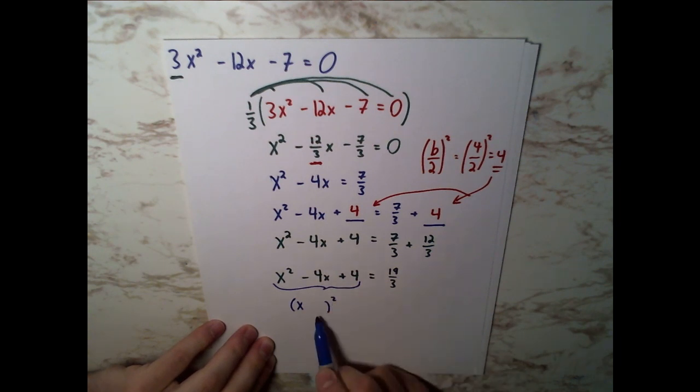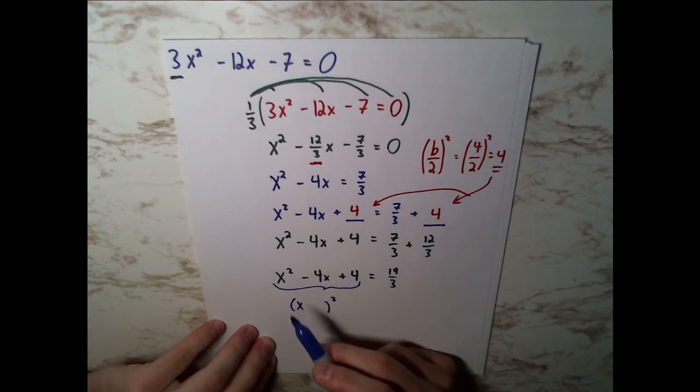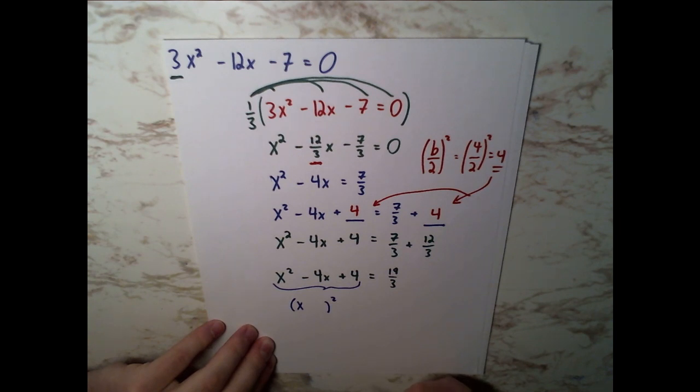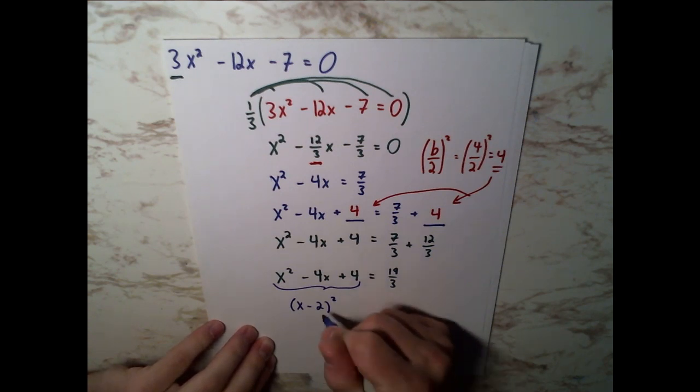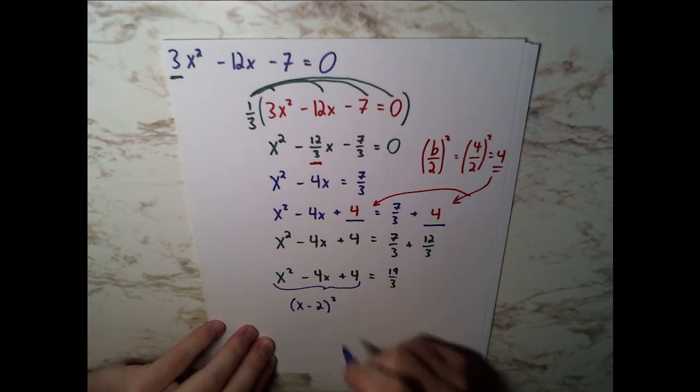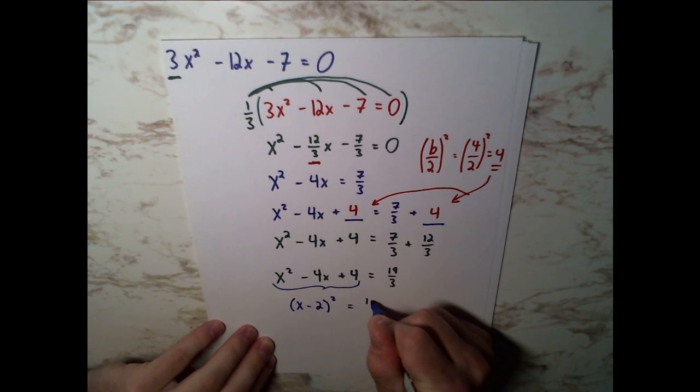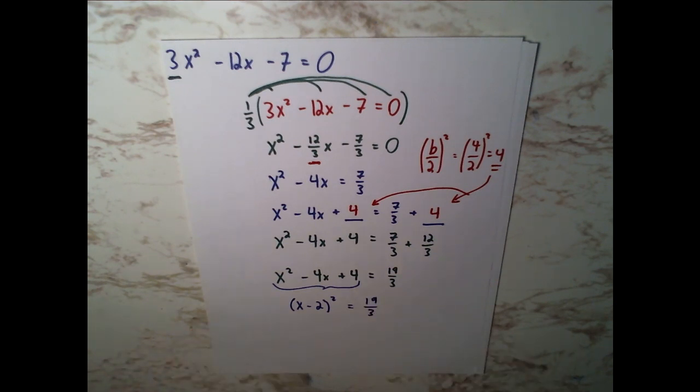So the number that goes in here is going to be b over 2, and in this particular case b over 2 is a negative 2, so we're going to get x minus 2 quantity squared, and that's going to be equal to 19 over 3.